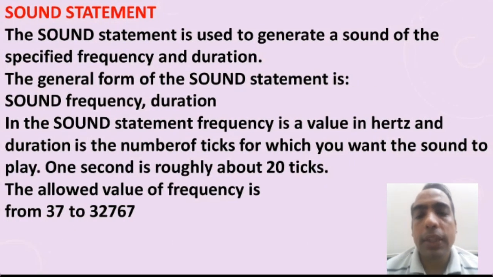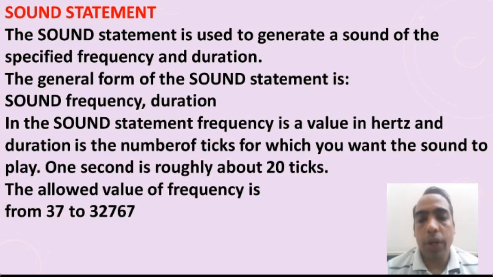Now I will explain the sound statement. The sound statement is used to generate a sound of a specified frequency and duration. The general format, or you can say syntax, of the sound statement is: first we have to write sound, after that frequency, duration. In the sound statement, frequency is a value in hertz and duration is the number of ticks for which you want the sound to play. 1 second is roughly about 20 ticks.